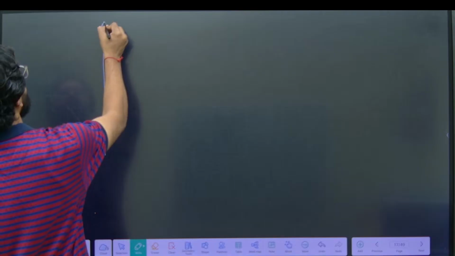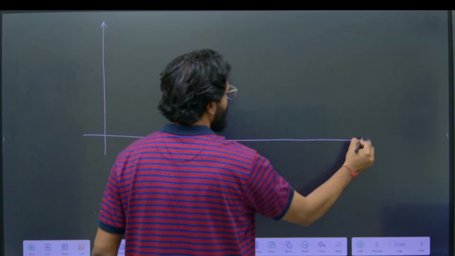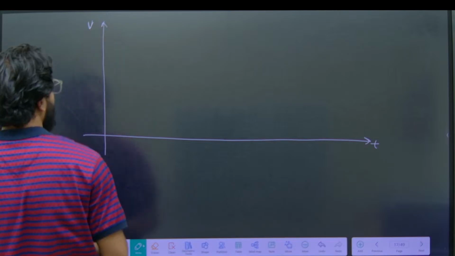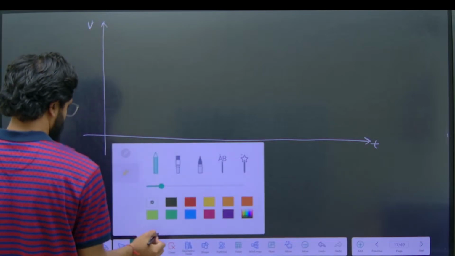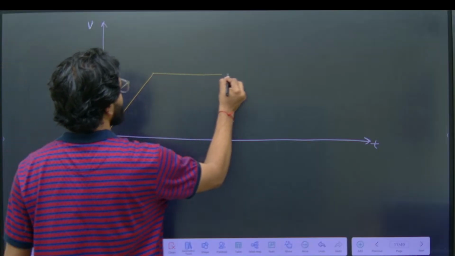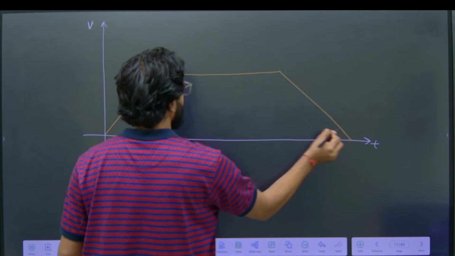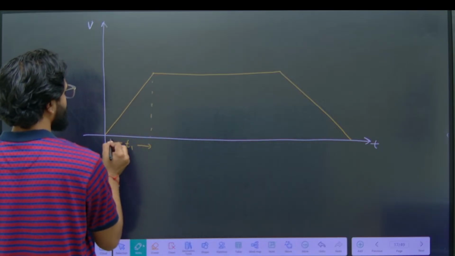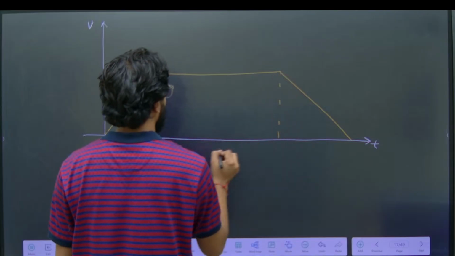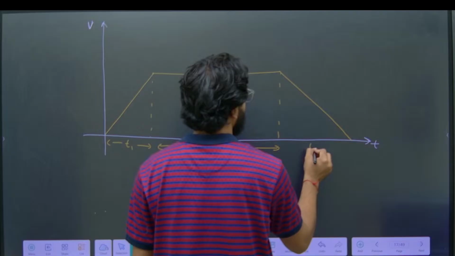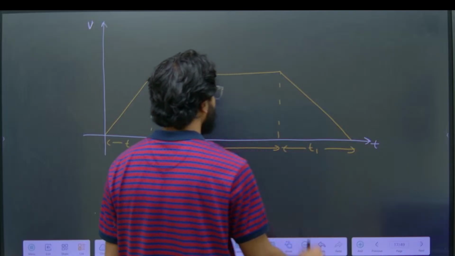Whenever this kind of question comes, we should have the idea of the v-t graph. The questioner is saying that it is being accelerated for time t1, then it moves with uniform motion for time t2, and then decelerates again for time t1.